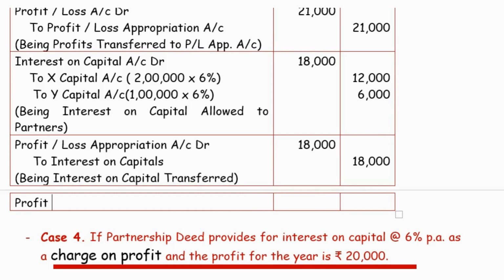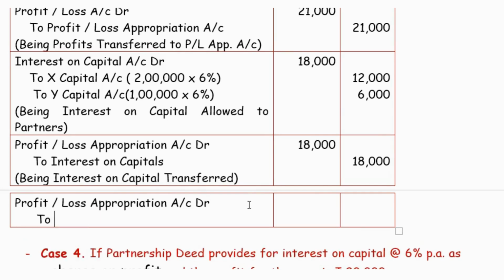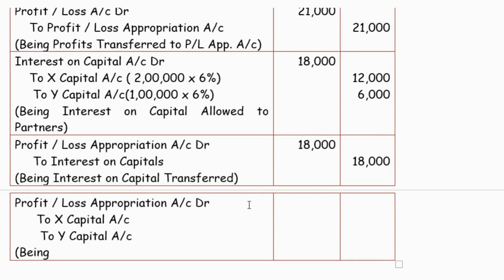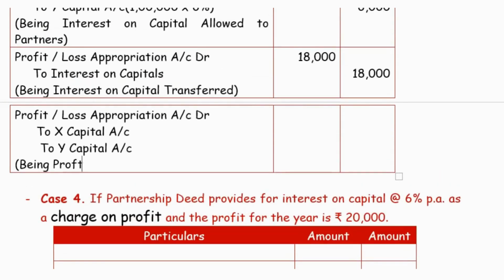The profit or loss appropriation account is debited, and it is to be shared between the partners, that is X capital account and Y capital account, being profits distributed to partners in the ratio of 2:3.